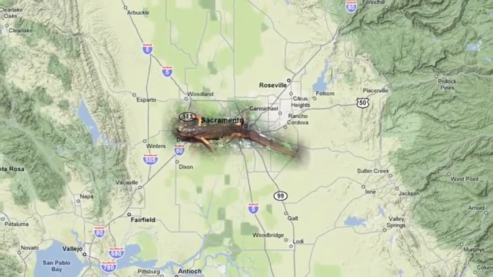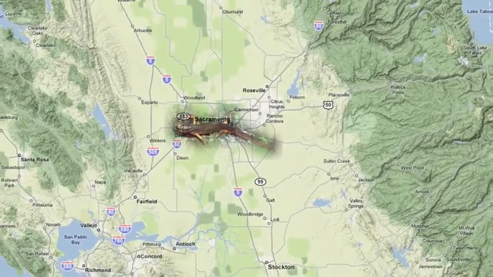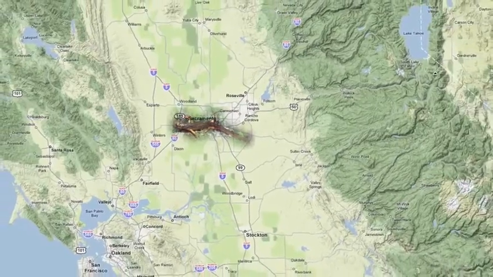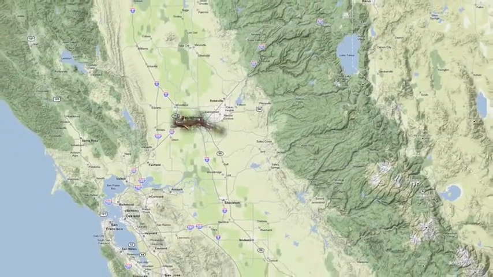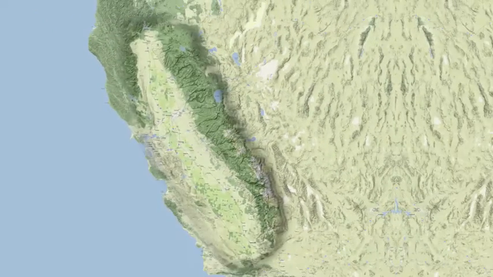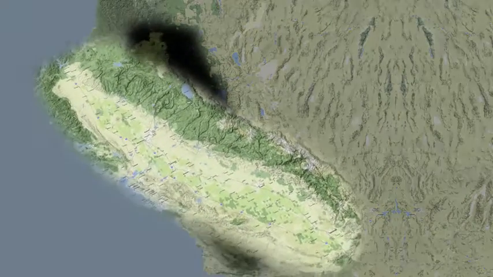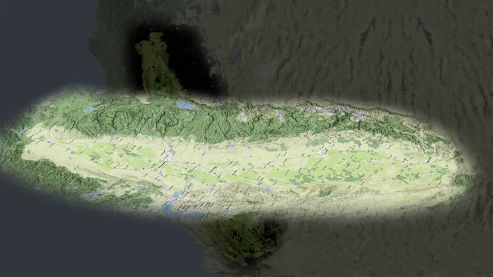Some species, like the salamander Ensatina, form a chain of interbreeding populations which loop around a geographical feature. This is the Central Valley of California, and the salamanders inhabit the entire perimeter of the valley.